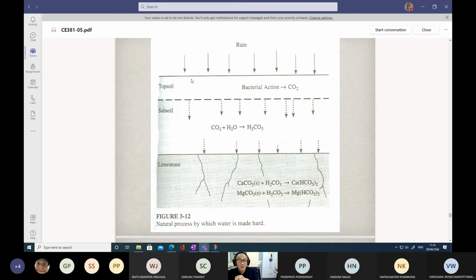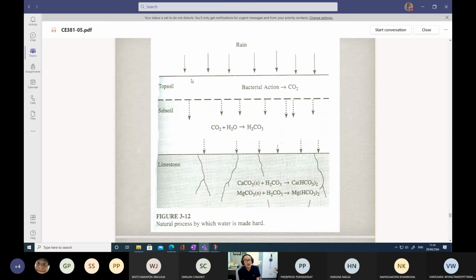So the rain, once it reaches the soil surface or the topsoil where a lot of bacteria live near the surface, passes through this layer where there is biological activity.